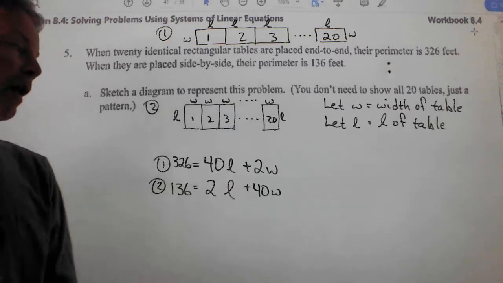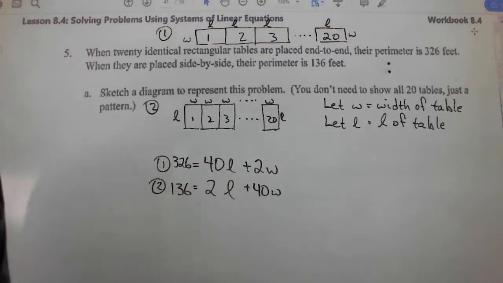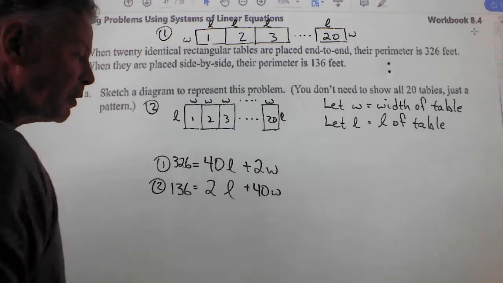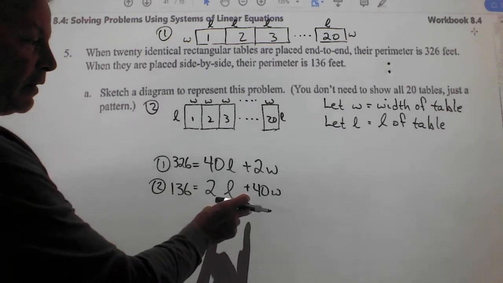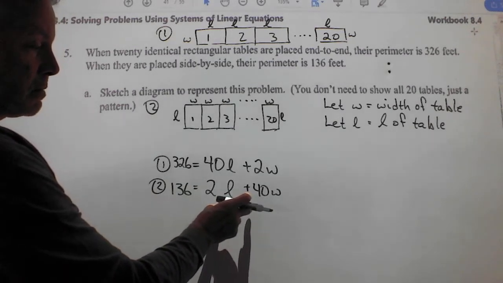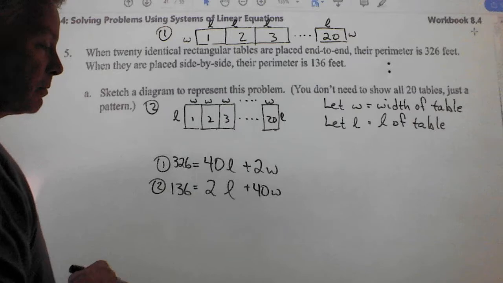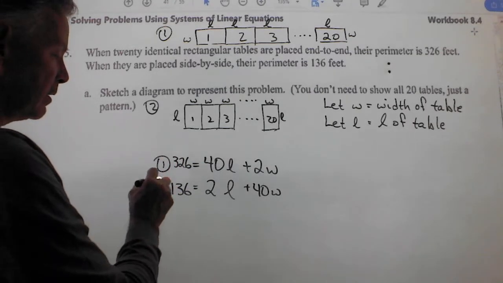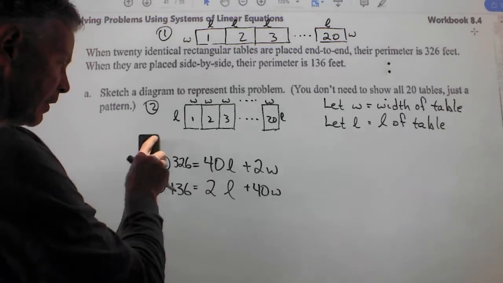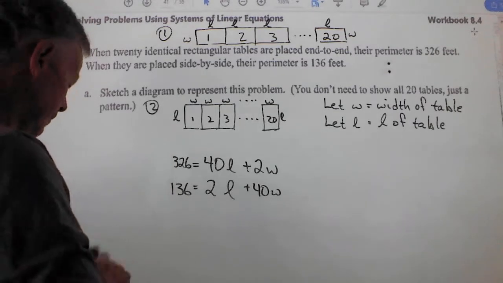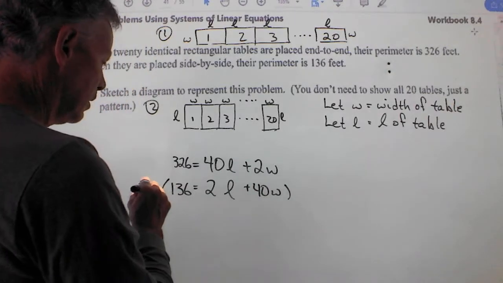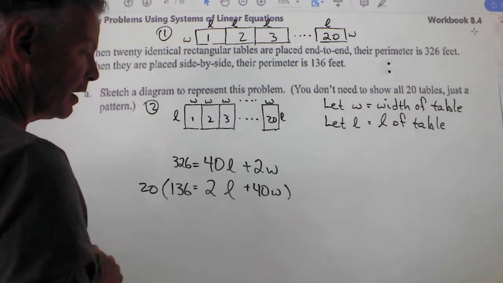So, there are a couple of different ways we can solve this problem. I would say probably it might be easiest to use, well, we could use elimination, okay? If we multiply the bottom by 20, that will make our lengths the same.